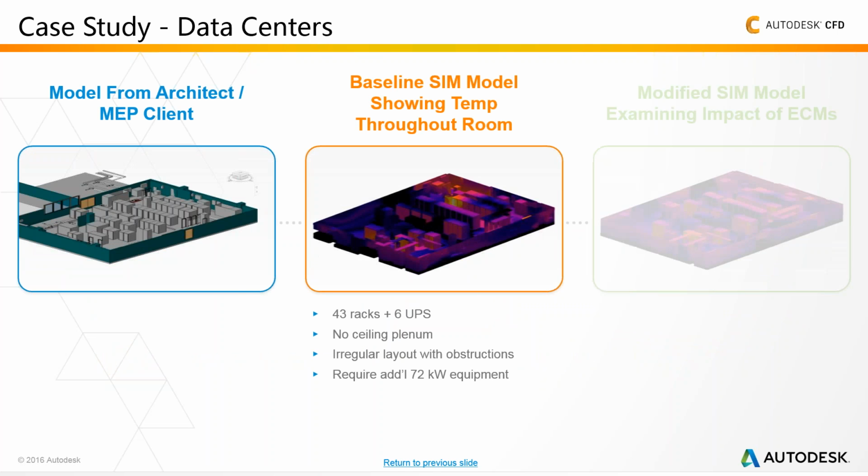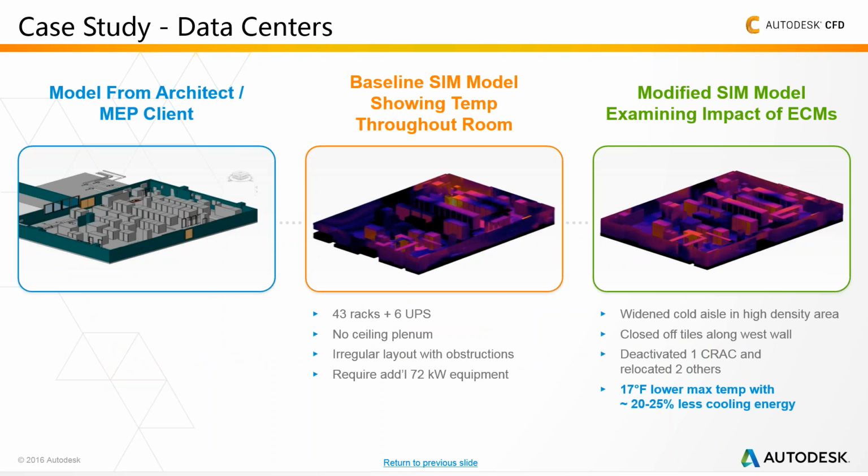The typical workflow is shown here in an example from a hospital records department, basically a large server room. The typical workflow starts with getting the model from the architect or an MEP client, running a baseline simulation that shows the temperature throughout the room. Again, you can compare that with some local measurements that you may have, sensors at different locations.